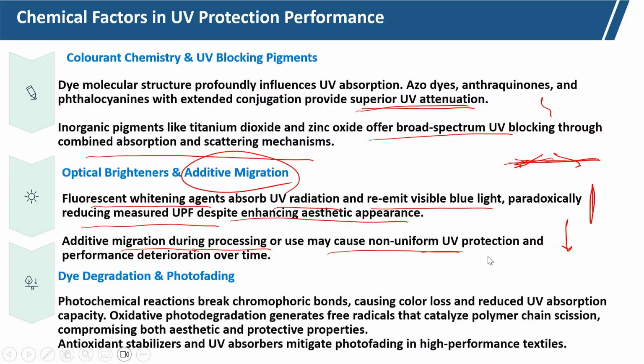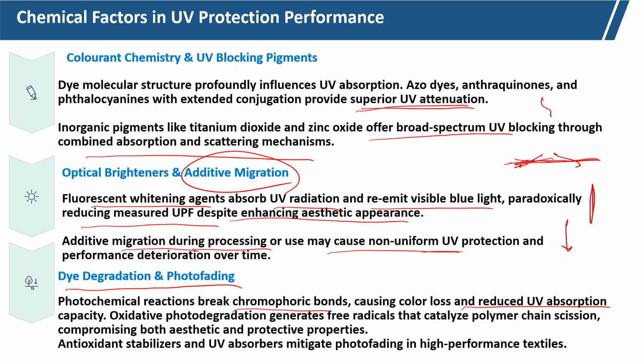Another thing is that dye degradation and photo fading are also important for UV protection. Photochemical reaction breaks the chromophoric bonds, causing color loss and reducing the UV absorption capacity.